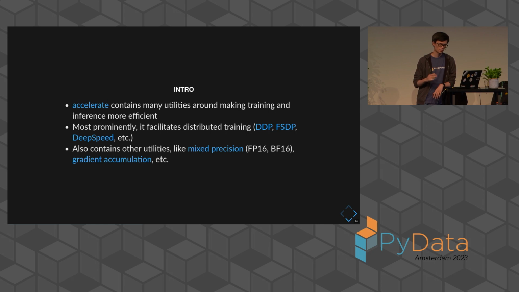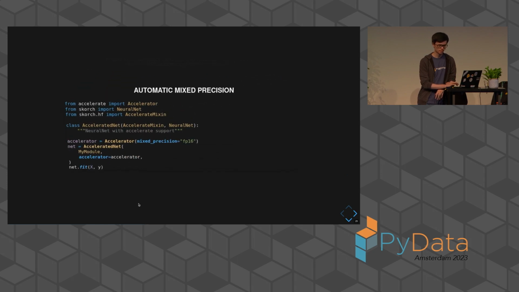For this example, we want to look at something called mixed precision training. Usually all your weights and data are in float32. But that's not always necessary, so we can go down to lower precision and get very similar results, but be much faster. So let's check out how we can do that.